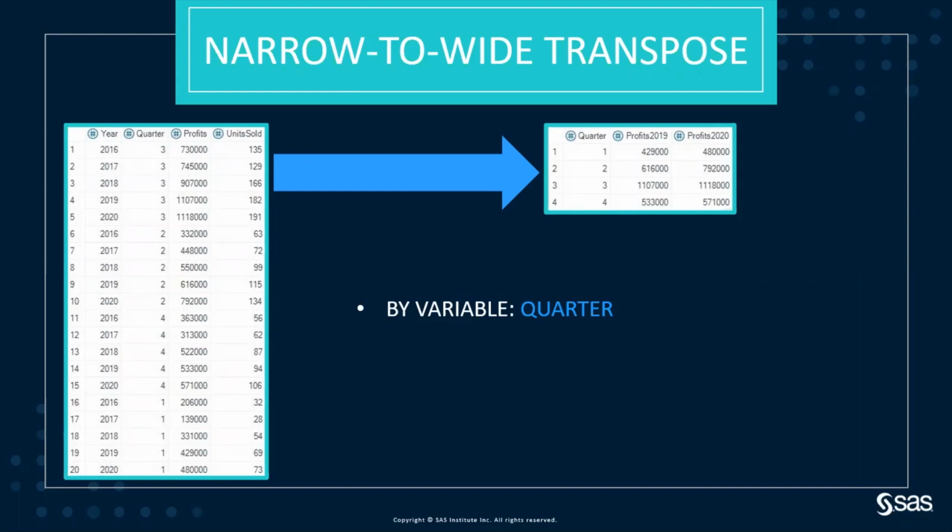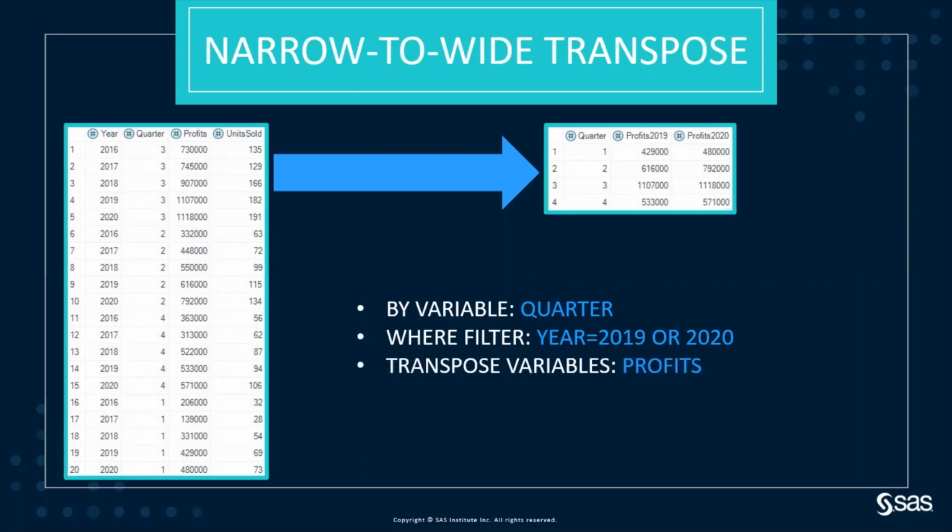And remember, for this graph, we are only comparing the sales growth from the previous year. So we need the where filter to read in only the rows where year is 2019 or 2020. We also only care about the profits measure right now. So we add in a var statement with only profits listed as the transpose variable.